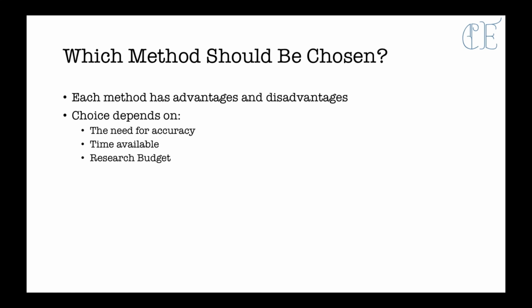Now, understanding which method should be chosen is sometimes difficult, but each method has its advantages and disadvantages. But depending on which one you're going to choose, it all depends on the need for accuracy, so how accurate it needs to be, how much time you have, and how much money you have to do this research.